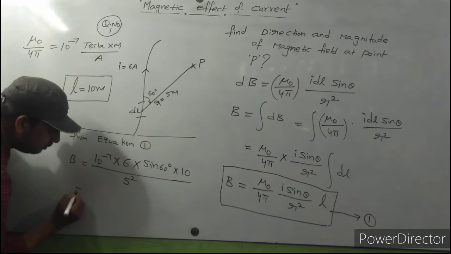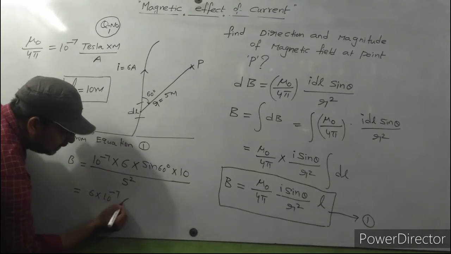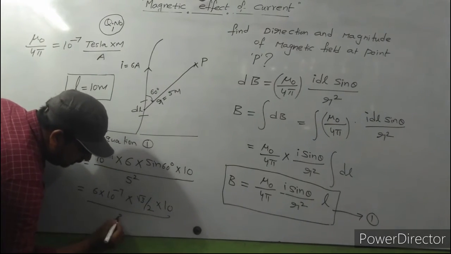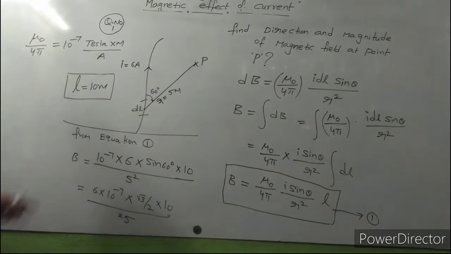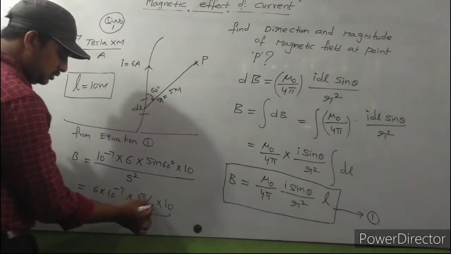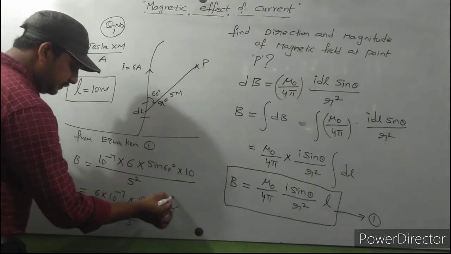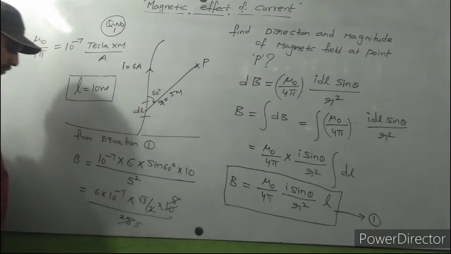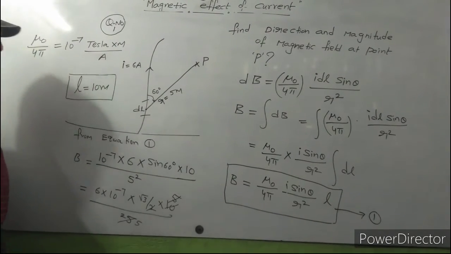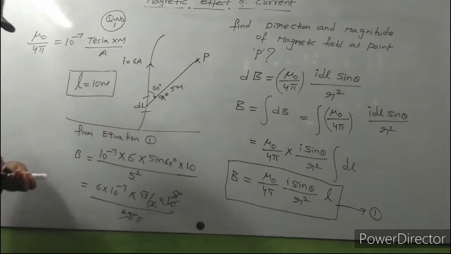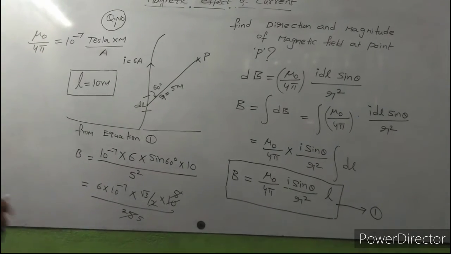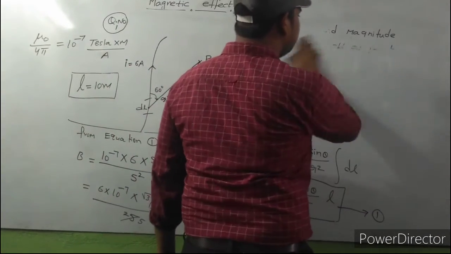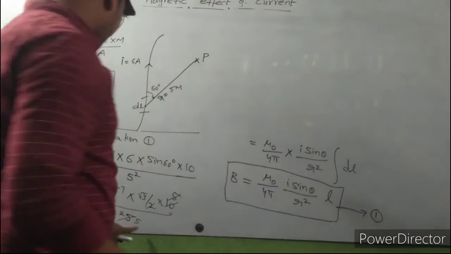So we get 6 into 10 power minus 7 into sin 60, which is root 3 by 2, into 10 by 25. If you calculate this, 5 times 5 is 25, and 5 times 2 is 10, so we get 6 by 5.